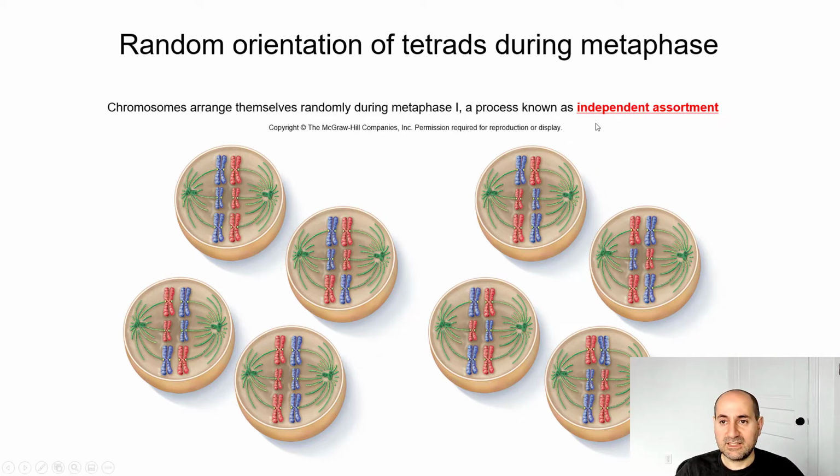Remember that? They line up by independent assortment. So we want to know that for the exam. We want to know that during metaphase 1, tetrads line up, and not only do they line up, they line up randomly by a process known as independent assortment.